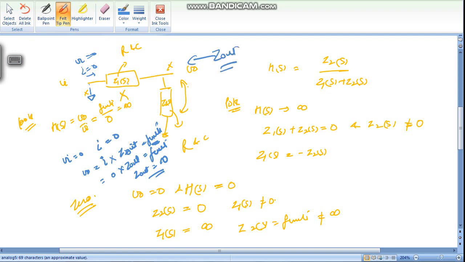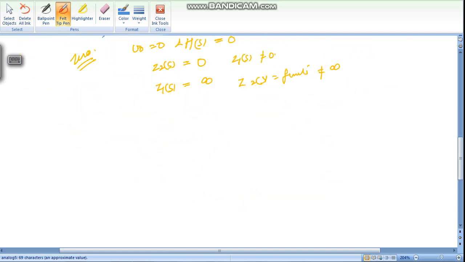So we need to find Z out for this circuit. Z1 and Z2 are in parallel, so Z out is Z1 Z2 over Z1 plus Z2.